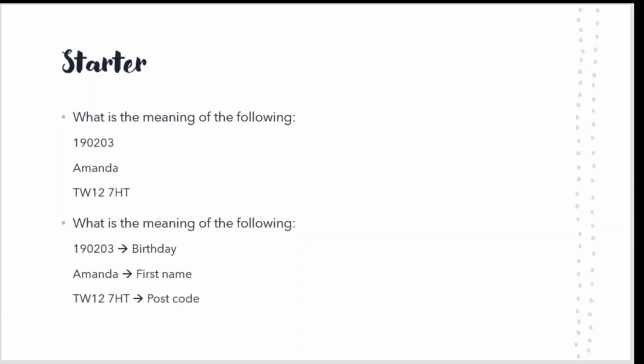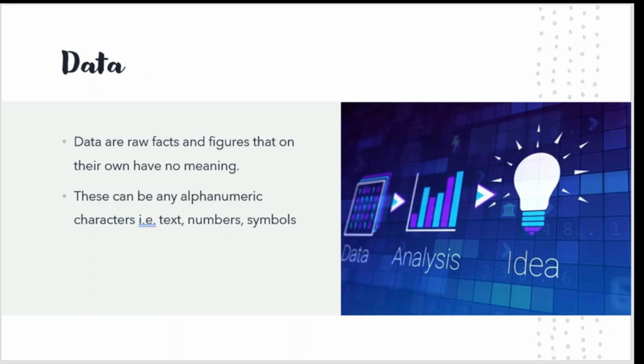Okay, great. Now, what is data then? Data are raw facts and figures that on their own have no meaning. This could be text, numbers, symbols, but the general idea of data is that it doesn't really mean anything on its own.